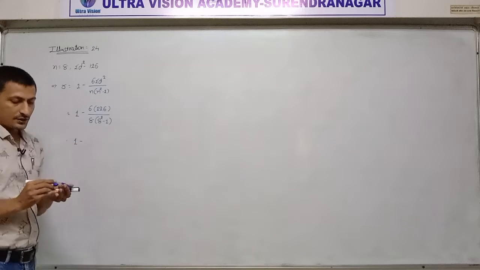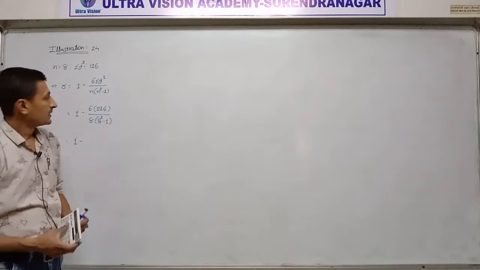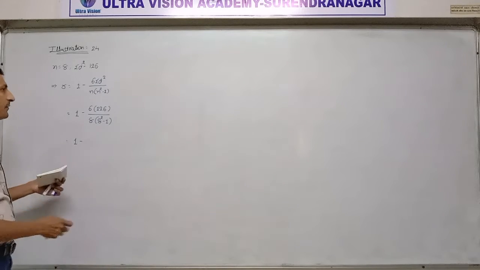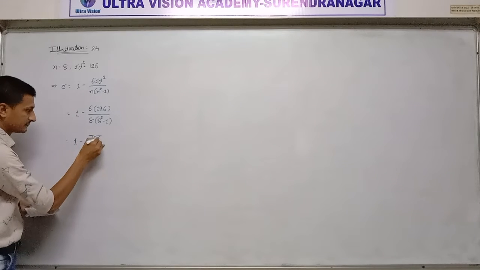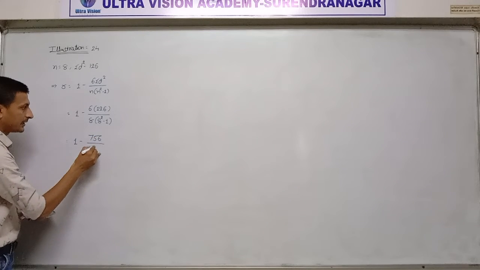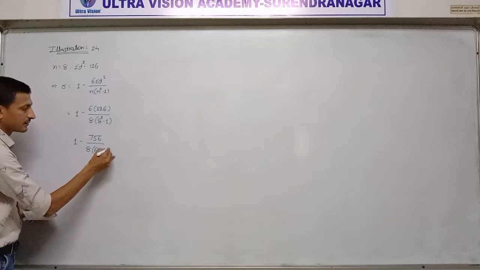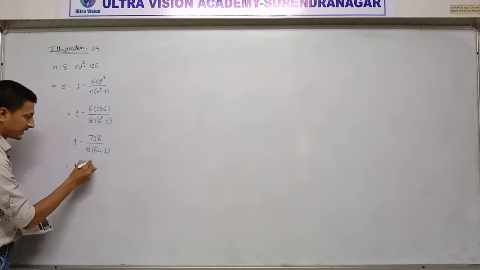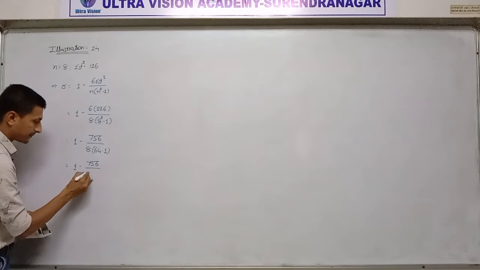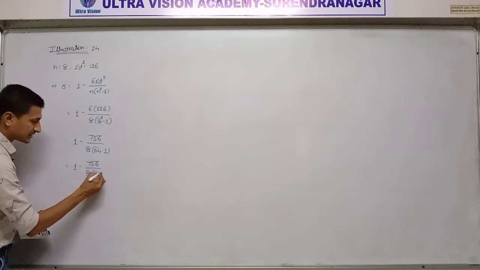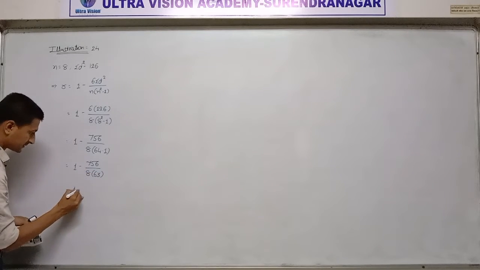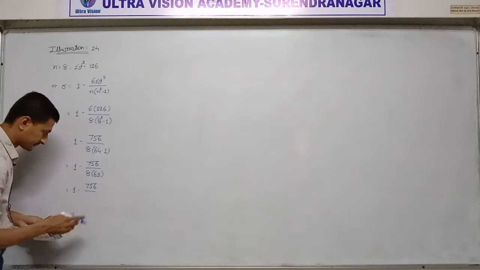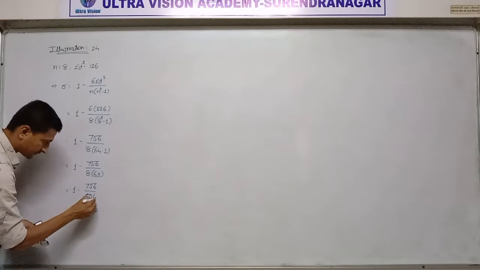1 minus, using LCM, 6 into 126, the answer is 756, divided by 8 in bracket 64 minus 1. Okay, 8 square is 64, minus 1. So 1 minus 756 divided by 8 in bracket 63. 1 minus 756 divided by 8 into 63, which is 504.